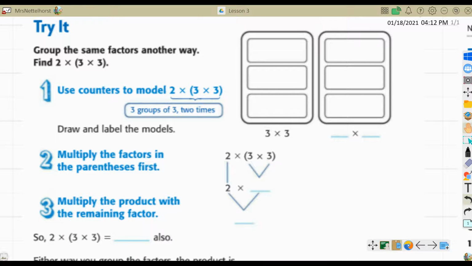Group the same factors another way. So I have 2 times 3 groups of 3. I'm going to color code them again so you can see it. You can do this if it helps you.